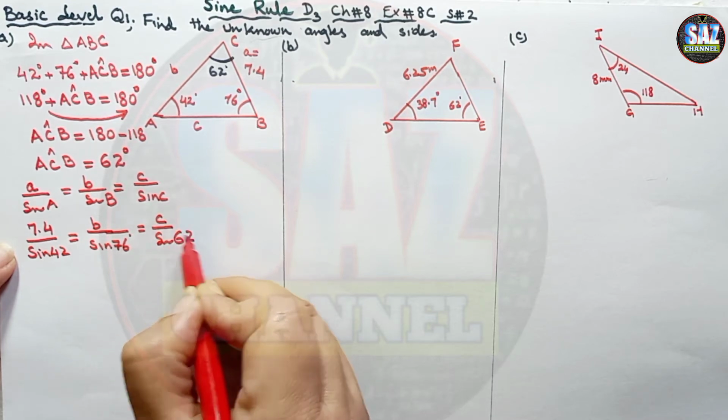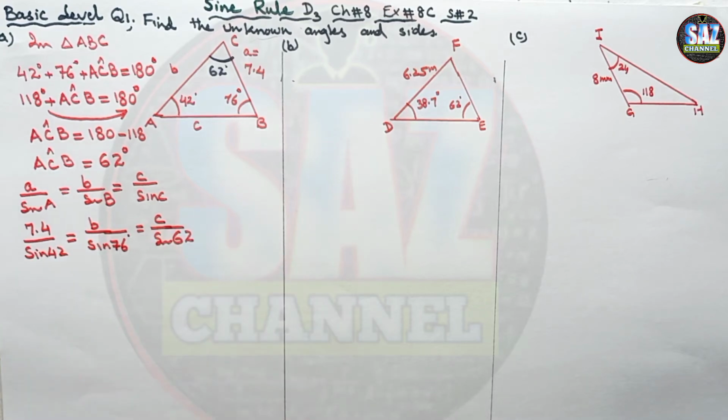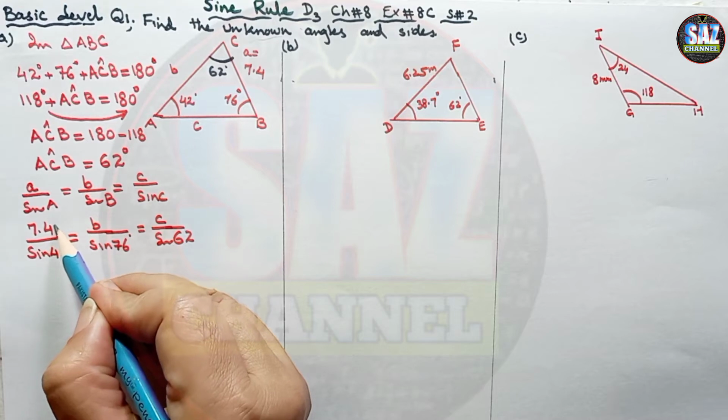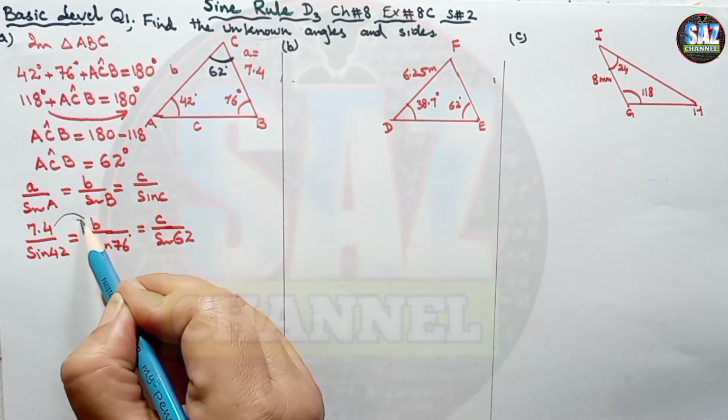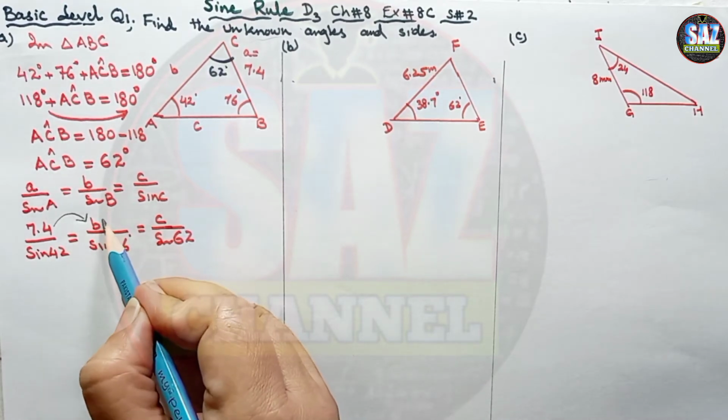Now, in order to find the values of b and c, I first equate a upon sine A with b upon sine B, and we can get the value of unknown b.